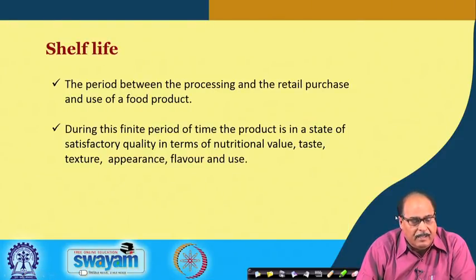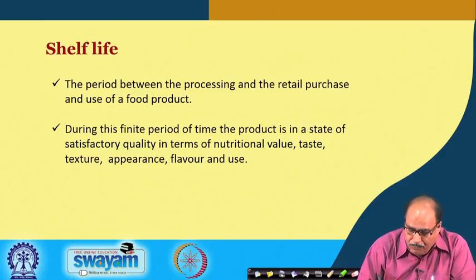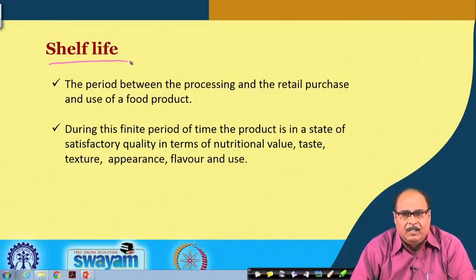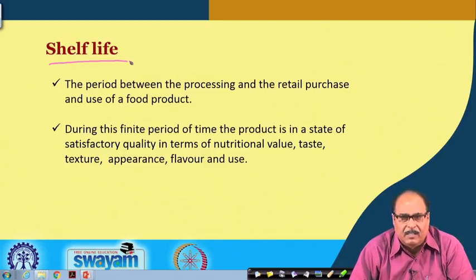Another important aspect which we will come across in this course, and in food science, is a very common term, that is food shelf life. We say that this food has a shelf life of 2 months, 3 months, 6 months or so.